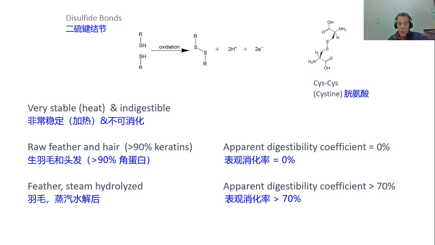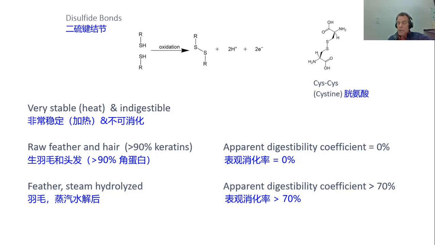Now if you take the feather and steam hydrolyze it, as is done by the rendering industry to produce steam hydrolyzed feather meal, the digestibility becomes really quite good. I mentioned between 60 and 90% digestibility. Over 70% digestibility is routinely achieved by simple steam hydrolysis.